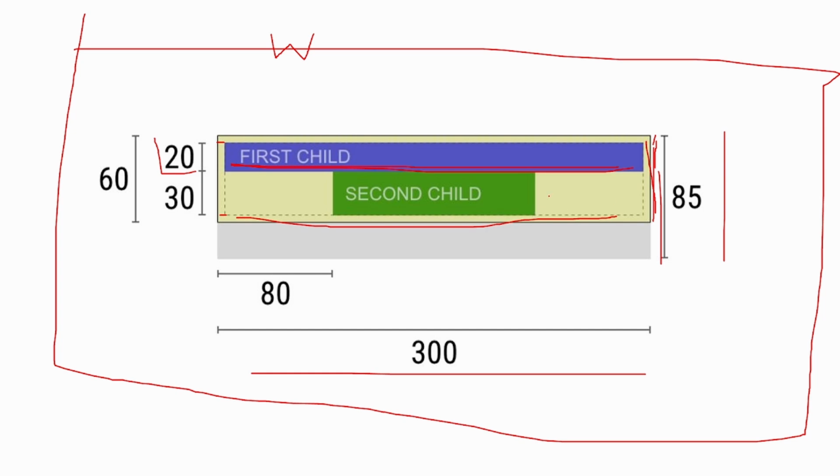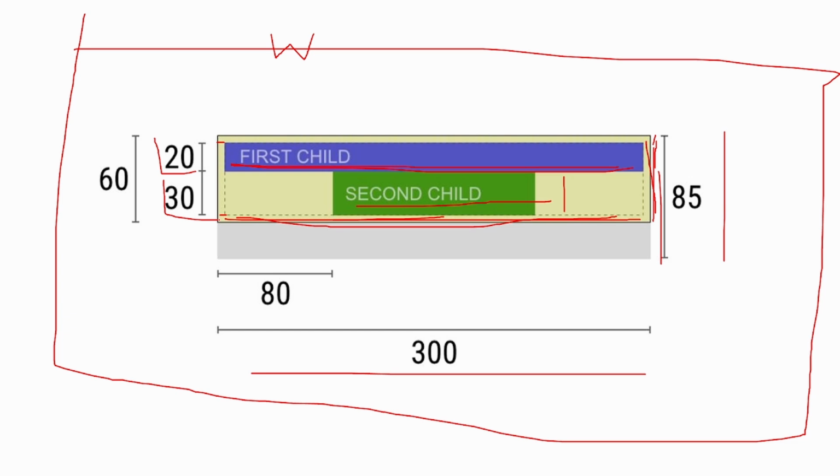Now the widget tells the second child it has to be 290 pixels wide, 55 pixels tall. Then the second child says, I wish to be 140 pixels wide, 30 pixels tall. So this has been decided.